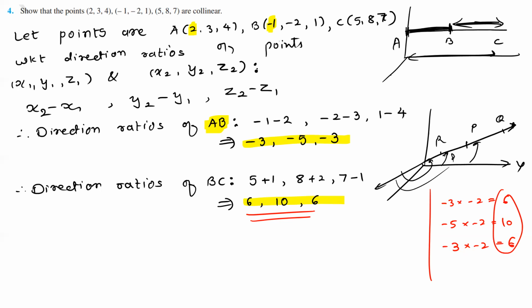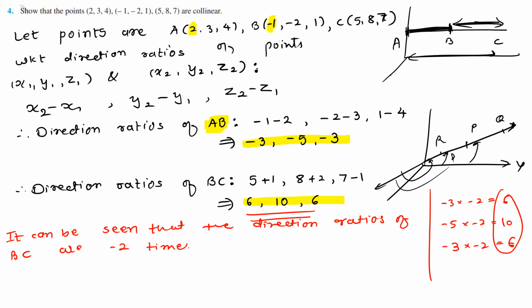It can be seen that the direction ratios of BC are -2 times the direction ratios of AB. That is, they are in proportion.